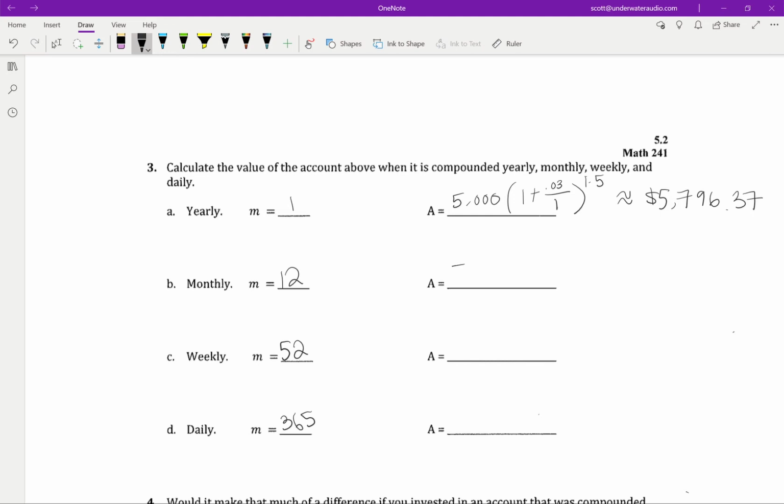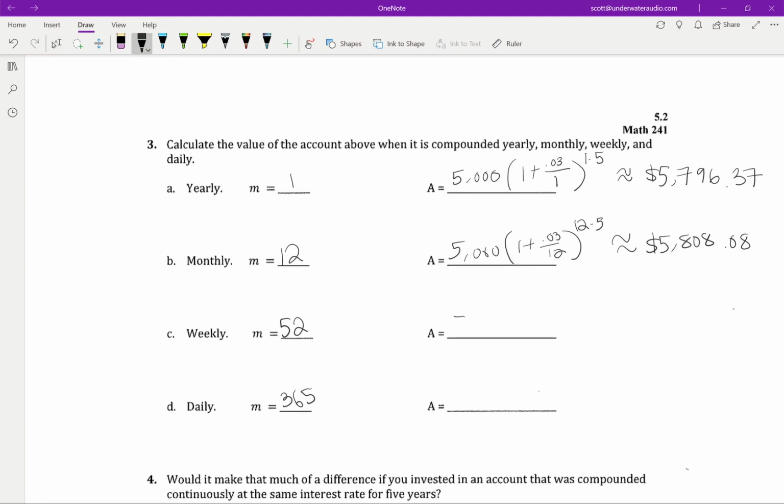For part B, it's very similar. 1 plus 0.03 over 12, and then 12 times 5. Okay, calculator time. Okay, if we do that, we get $5,808.08.